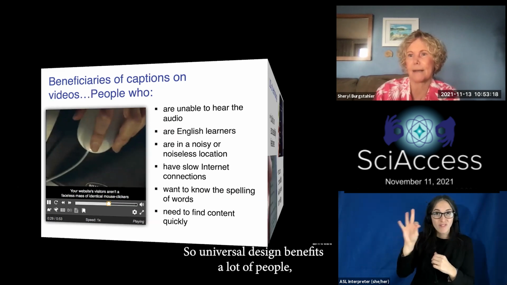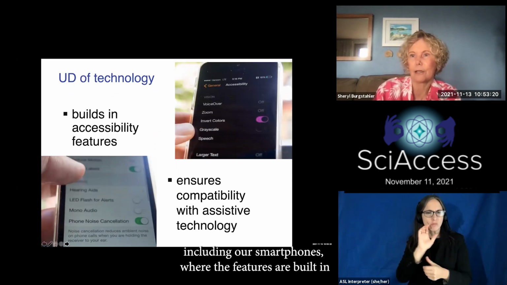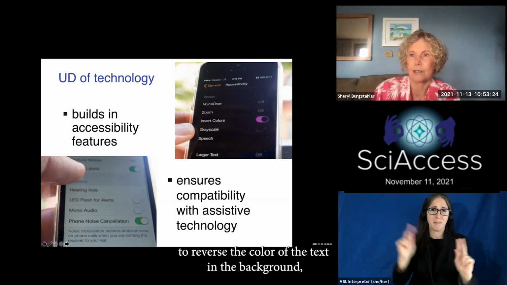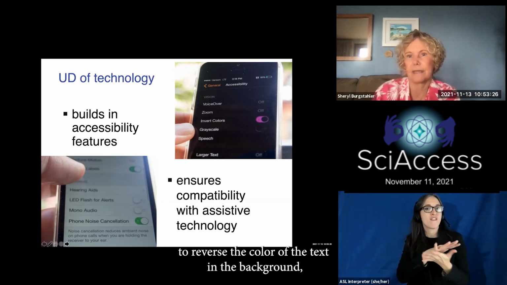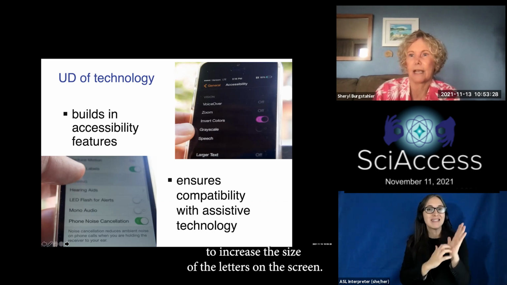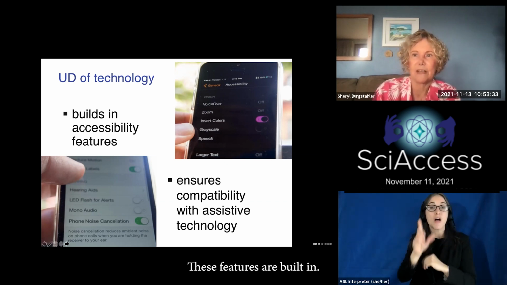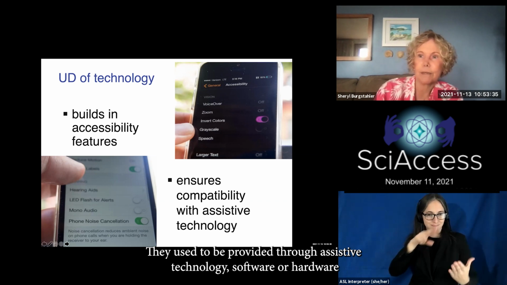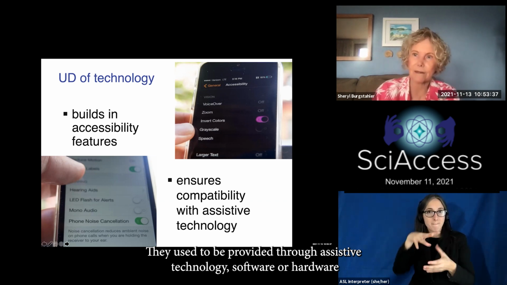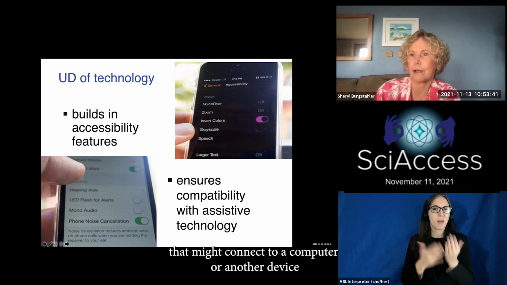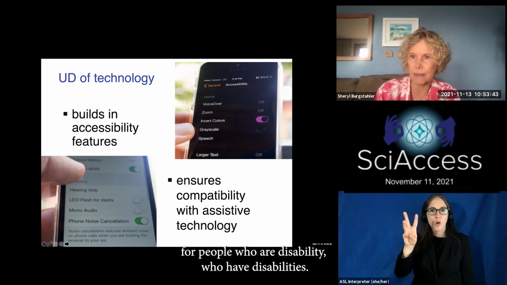So universal design benefits a lot of people, including our smartphones, where the features are built in to reverse the color of the text and the background, to increase the size of the letters on the screen. These features are built in. They used to be provided through assistive technology, software or hardware that might connect to a computer or another device for people who have disabilities.